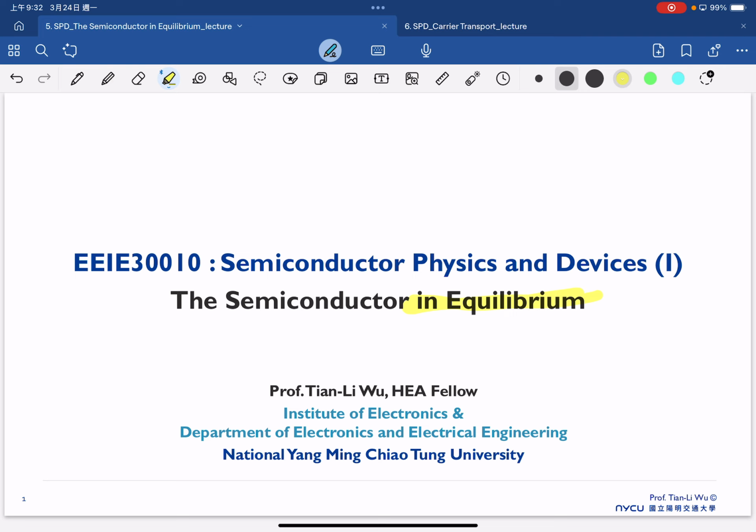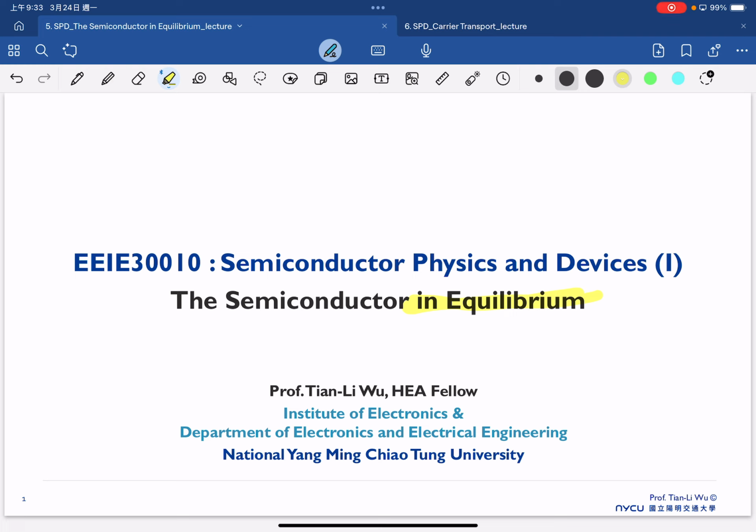And also last week we discussed that, in the case of a semiconductor, we are not only interested in a small amount of carriers. Actually, we are interested in the whole behavior of a large amount of carriers.